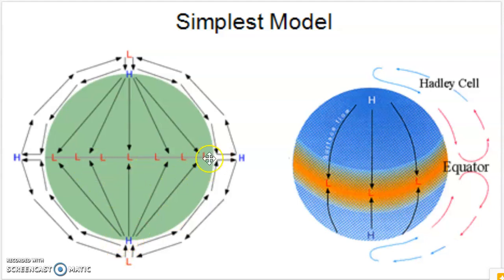We can see that at the equator, the air actually rises because hot air rises, and then it cools down and it moves back towards the poles to complete the circulation. That actually creates what's called a circulation cell. And so in this very simple model, there's only one circulation cell. The air moves from the cold to the warm, then it rises and moves back. And it creates a continuous cycle, just like those convection currents in the mantle we learned about. It's a cycle.